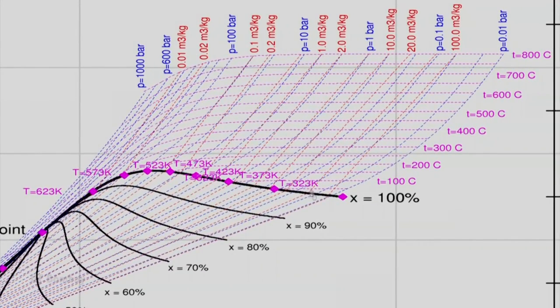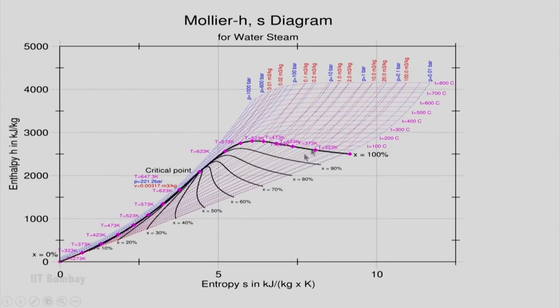Here I can locate the point of 0.1 bar, which you can see as this blue line, and T equal to 100 degrees centigrade, which is 373 Kelvin. Somewhere here my state 1 will be, sorry, this will be my state 2 because this is after expansion.